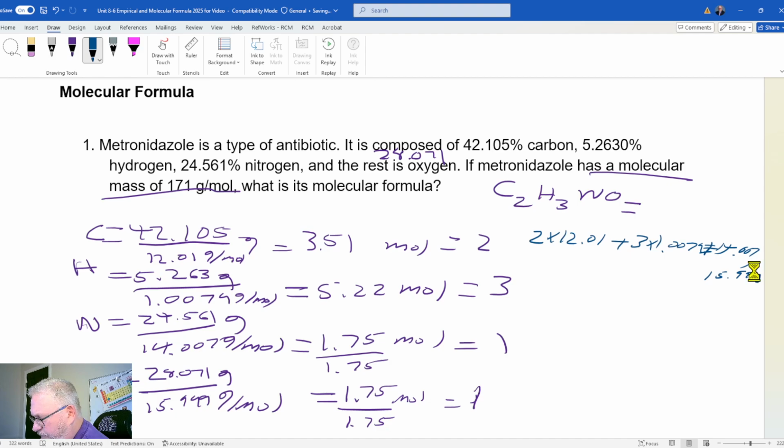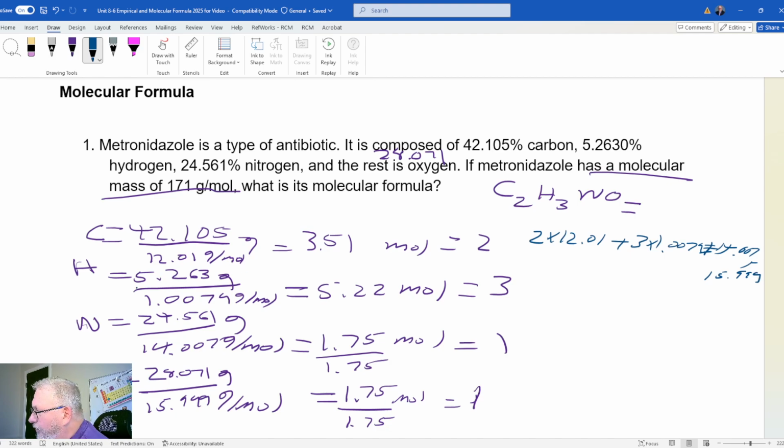2 times 12.01 plus 3 times 1.0079 plus 14.007 plus 15.999.